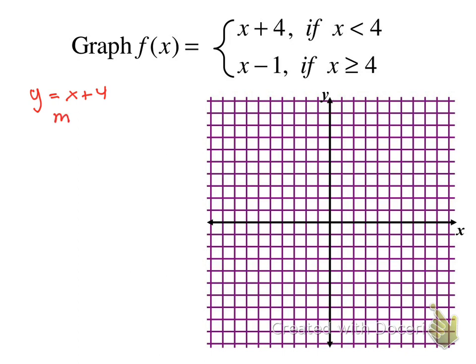What's my m? You should be writing this as we're going, okay? My m is 1. What is my b? 4. So I'm starting at 4. 1, 2, 3, 4.